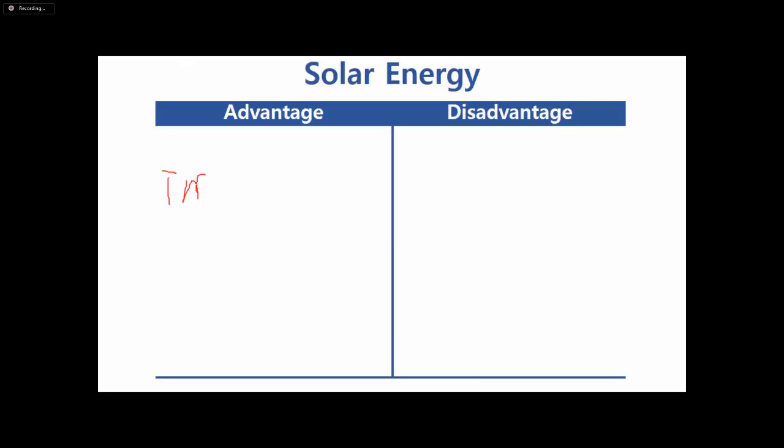And then say no carbon emissions, no pollution.